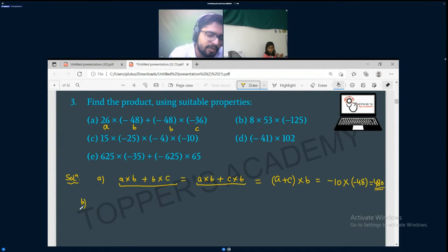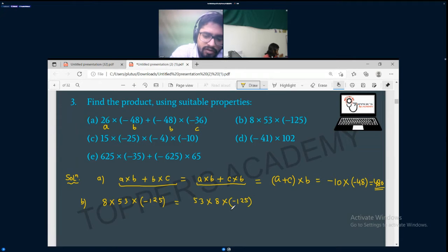Similarly, tell me the answer for the second part. Is it minus 53,000? Okay. Can you explain? 125 into 8 is minus 1000. Yes. Minus 1000 into 53 is equal to minus 53,000. So basically we can write 8 into 53 into minus 125 as 53 into 8 into minus 125.